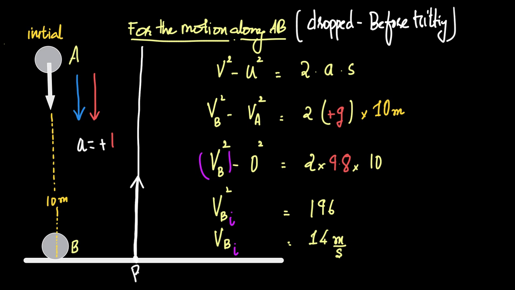So it is the same point that it is hitting and the same point that it travels back. So we need 2 points, BI and BF, for our clarity. So acceleration is g, 9.8 times 10. 2 times 10 is 20 times 9.8 is 196. And therefore VBI is root of 196, which is 14 meter per second.